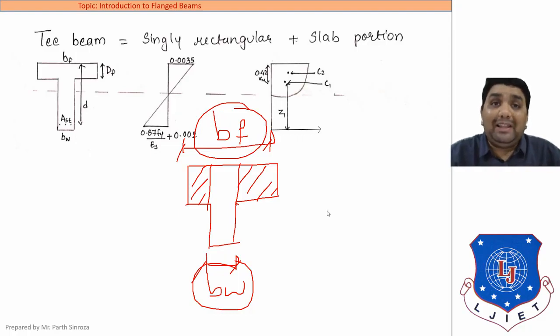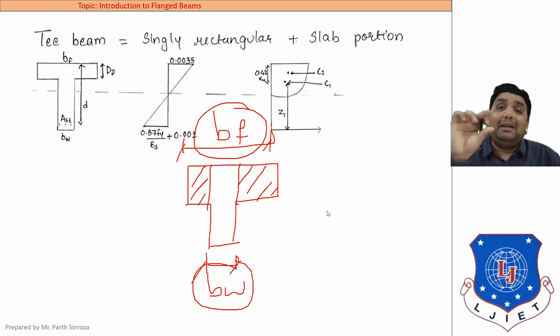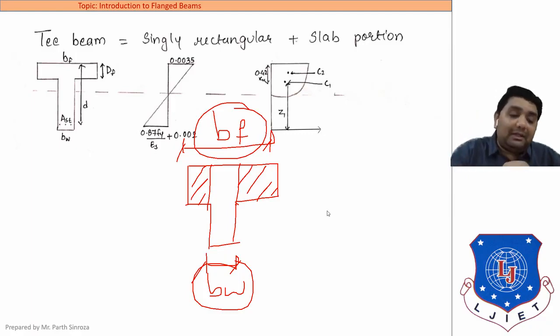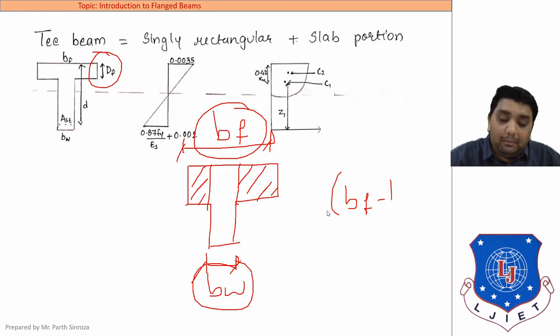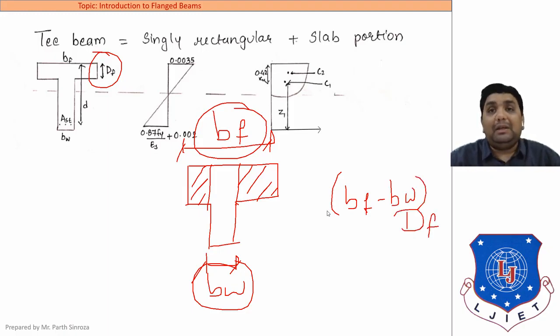The total length will be bf minus bw, multiplied by its depth. To find area, we multiply length into depth. In this case, the length will be bf minus bw and the depth will be the depth of flange, df. So the area is (bf minus bw) into df.